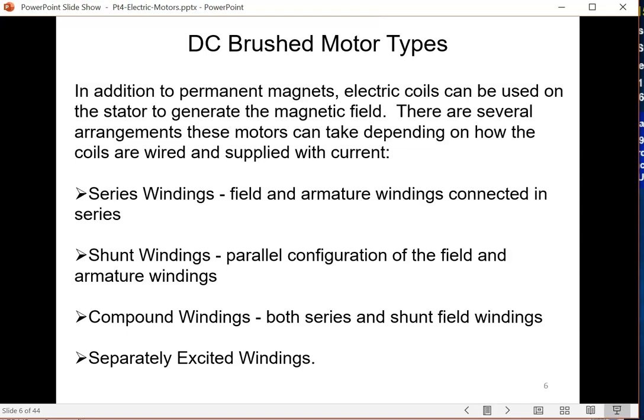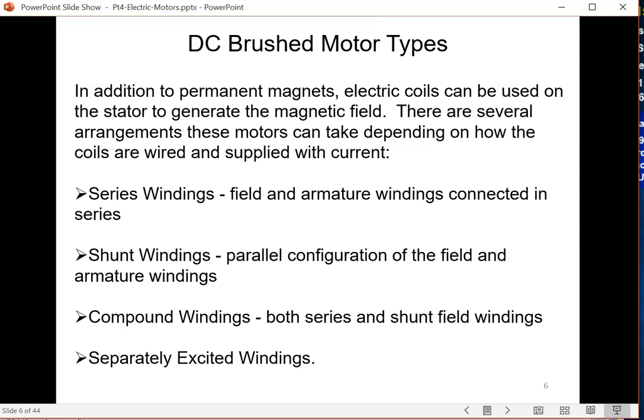You can connect the armature winding and the field winding in series, or connect them in parallel, called shunt windings, or in a compound configuration, part series, part parallel.